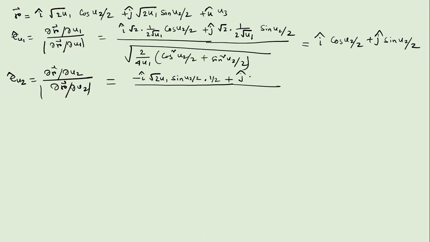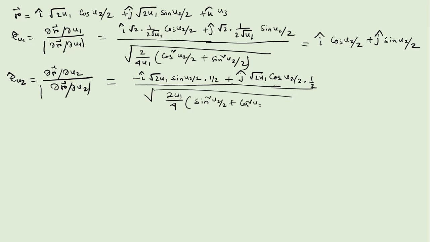Similarly, plus j cap root under 2 u1 cos u2 by 2, that is half, by root under 2 u1 by 4 into sin square u2 by 2 plus cos square u2 by 2, that is 1.